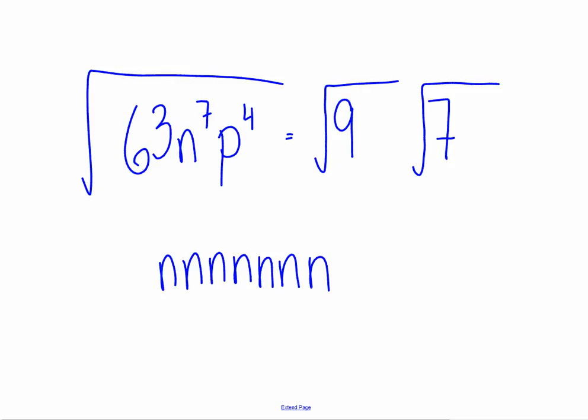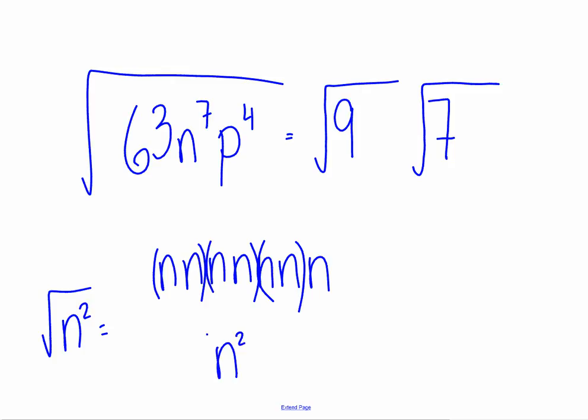When we take a square root, if we took the square root of n squared, what does that equal? N. So we want to be in groups of 2. The largest number of groups of 2 I can pull out would be 6 of the n's, or n squared 3 times.